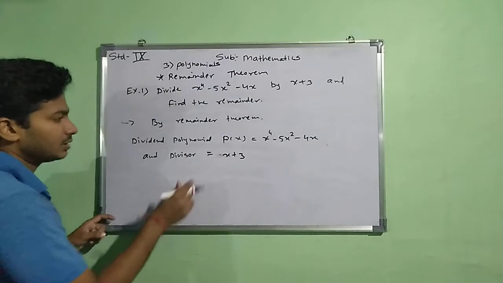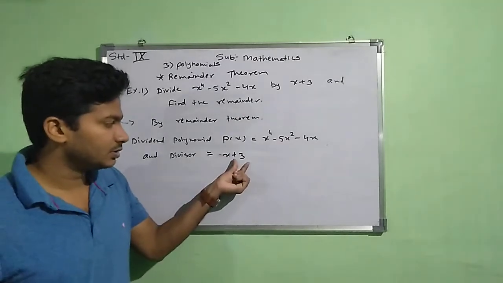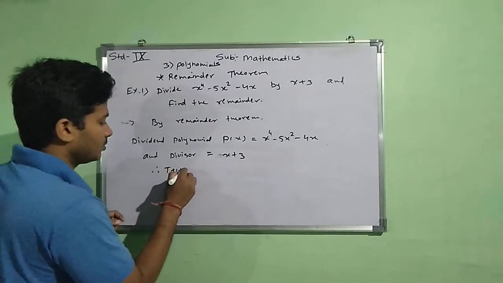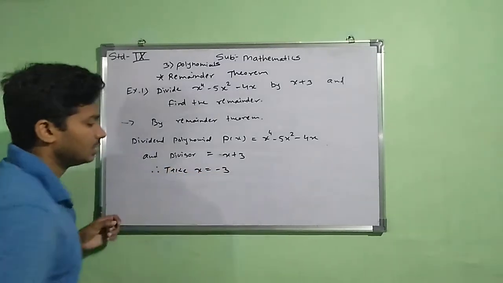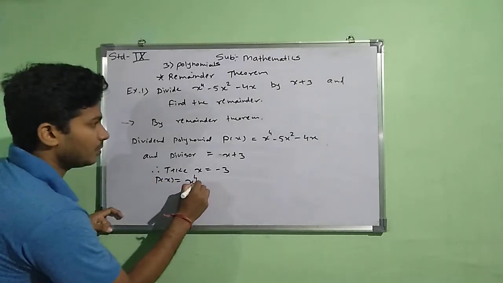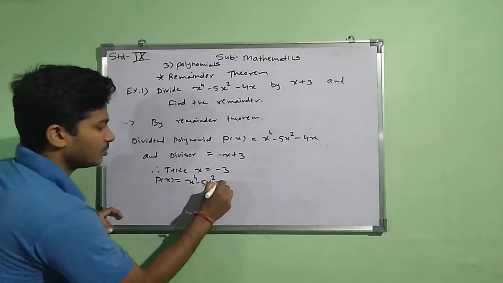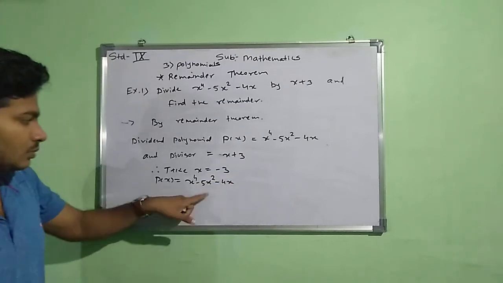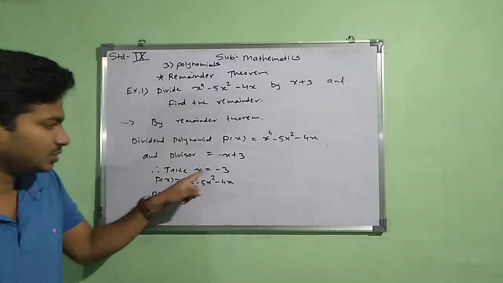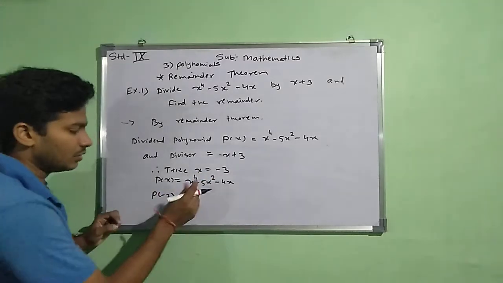and so here we will take the opposite of that 3. So the opposite of plus 3 is minus 3. Therefore take x is equal to minus 3. Now our p of x is x raised to 4 minus 5x square minus 4x. Now we will take p of minus 3, that means after substituting the value of x as minus 3.